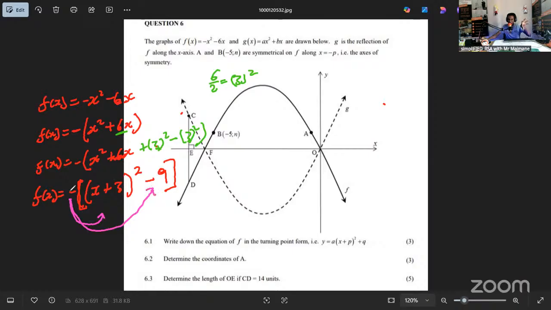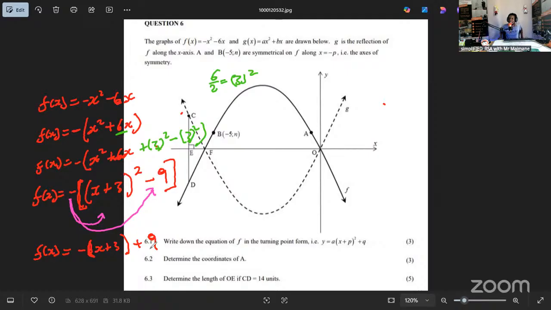So you treat that minus 1 as if you are multiplying it with everything in the brackets as well as with the minus 9, because that's how the situation fairly is. So you would then say f of x is equal to minus x plus 3, close bracket, squared, plus 9. Do you see that?